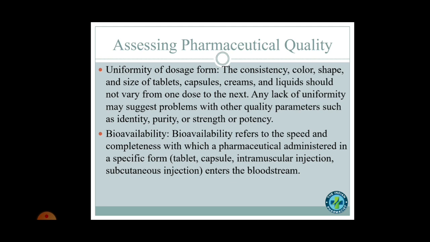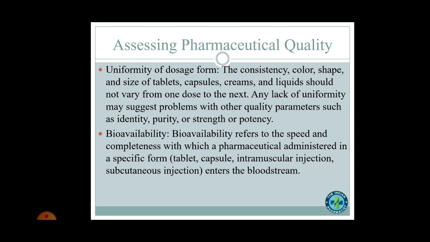The comparative bioavailability of two pharmaceuticals is particularly important when a product that is usually purchased from one manufacturer is replaced with a product containing the same drug substance in the same dosage form and in the same amount, but manufactured by a different firm.